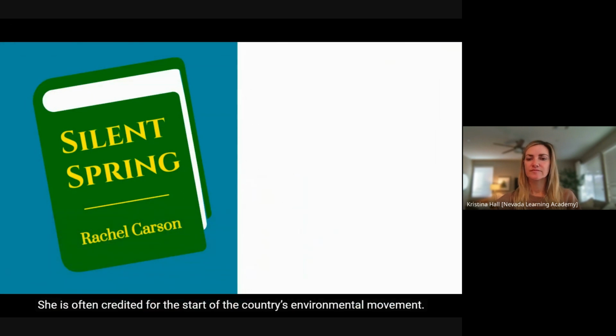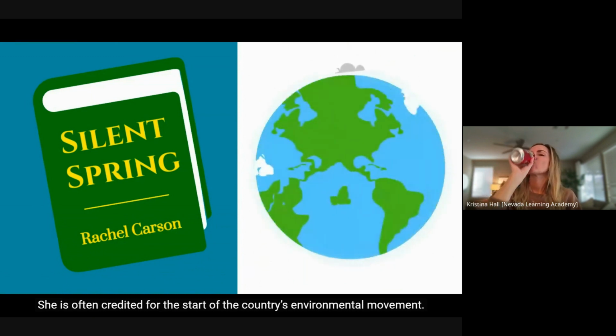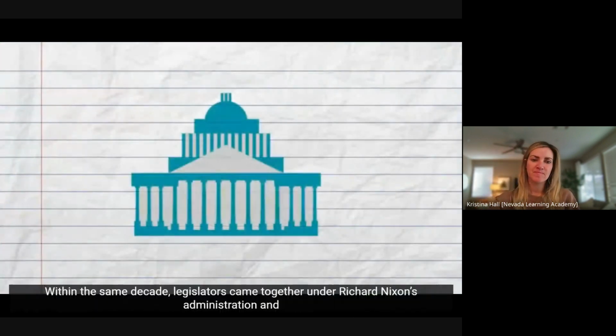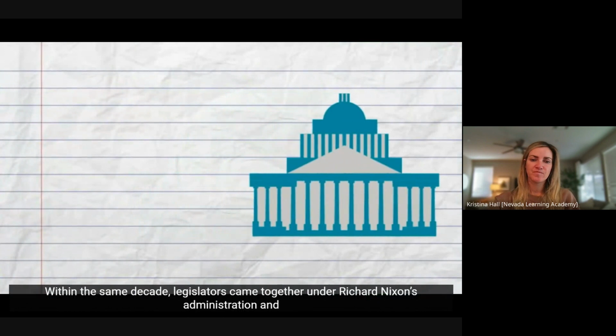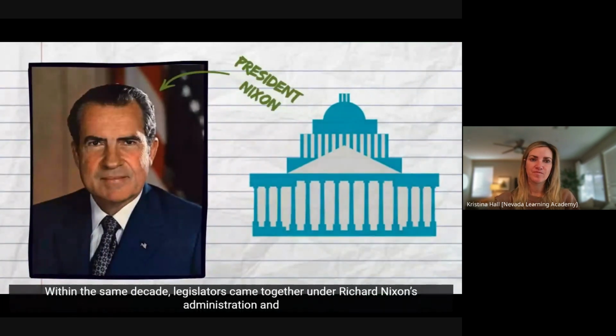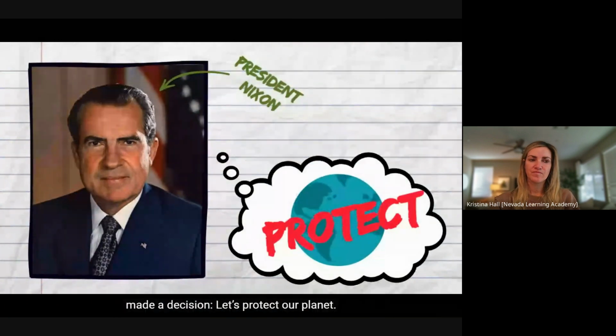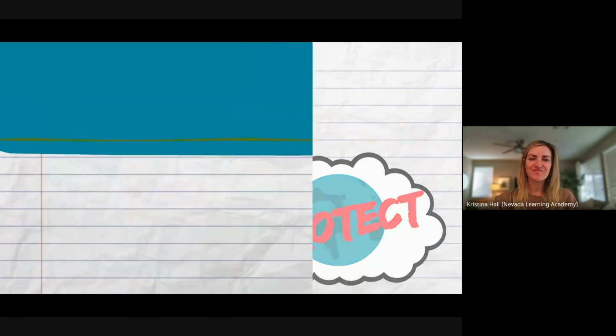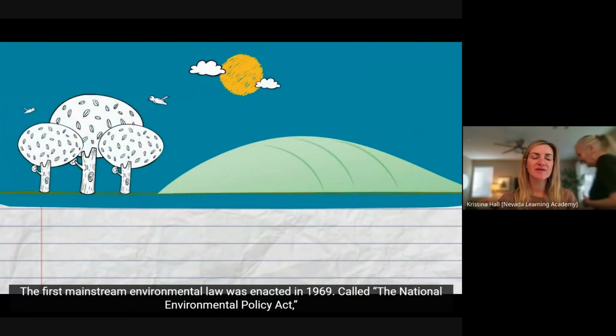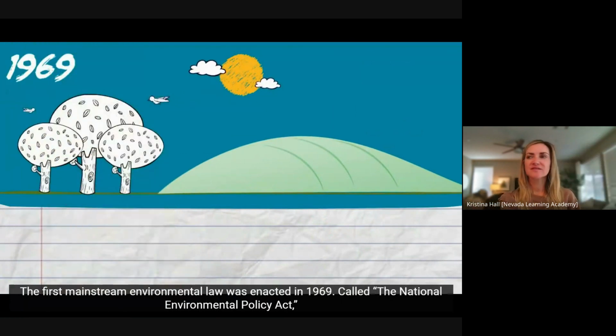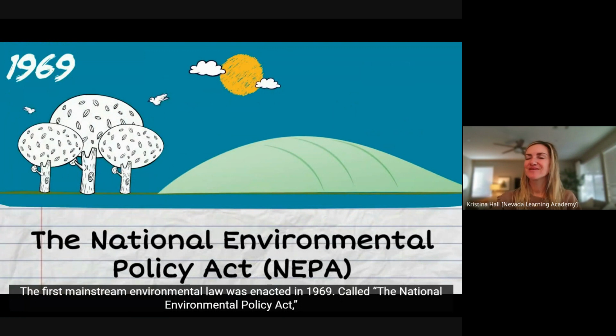She is often credited for the start of the country's environmental movement. Within the same decade, legislators came together under Richard Nixon's administration and made a decision: let's protect our planet. The first mainstream environmental law was enacted in 1969, called the National Environmental Policy Act.